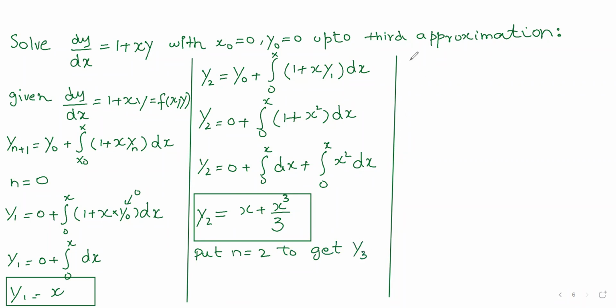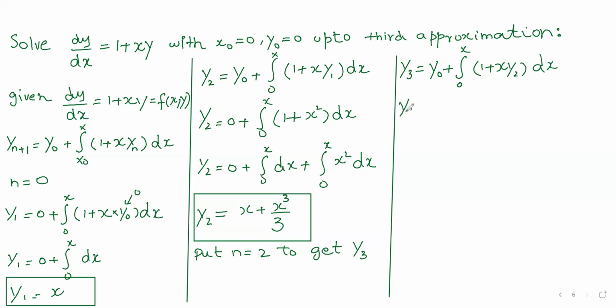So y3 will be equal to y0 plus the integral from 0 to x of (1 plus x) y2 dx, right?